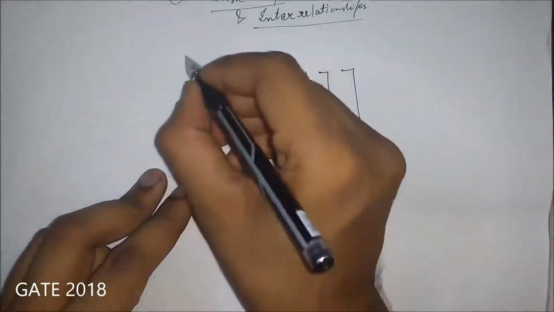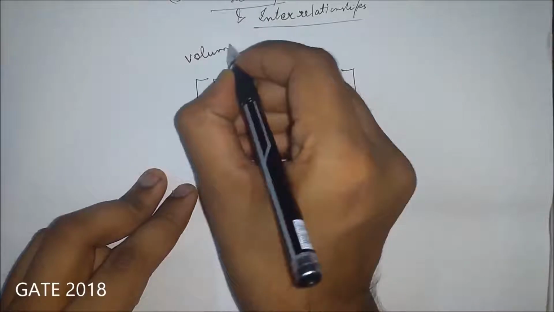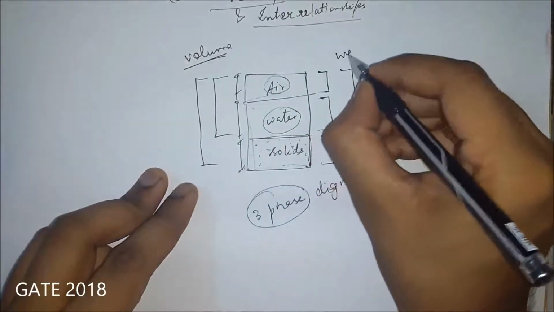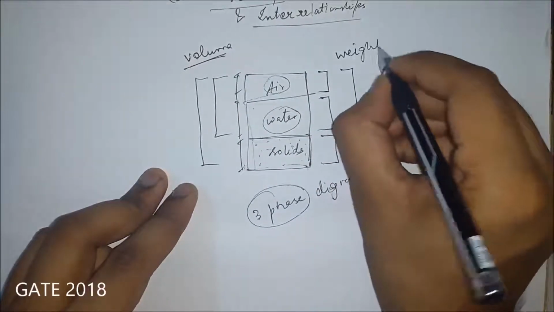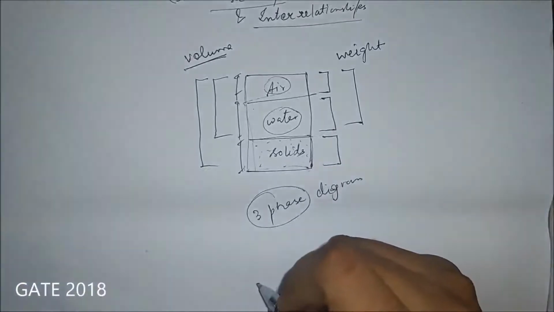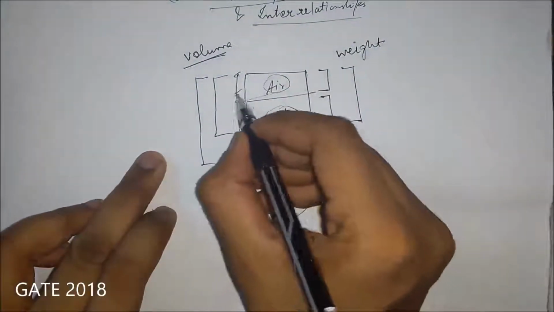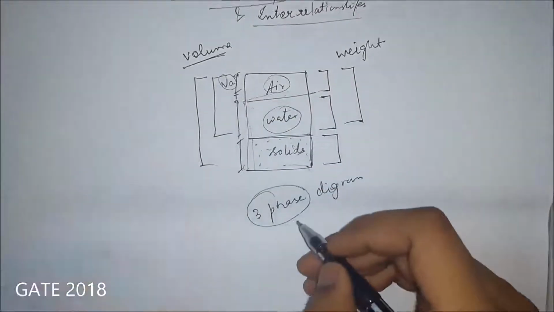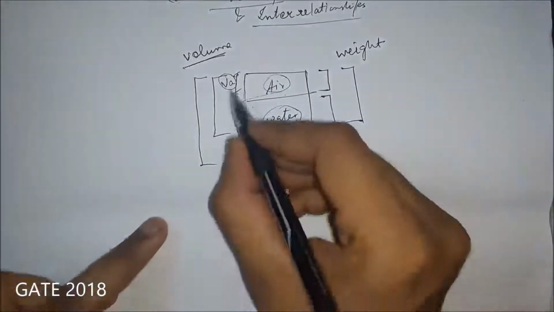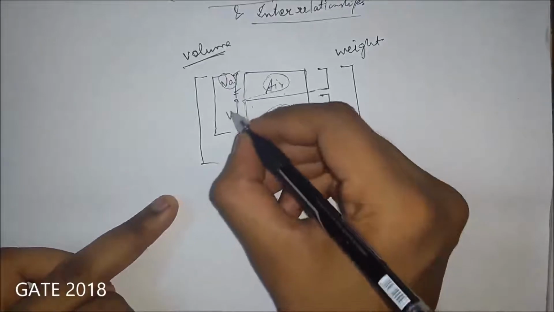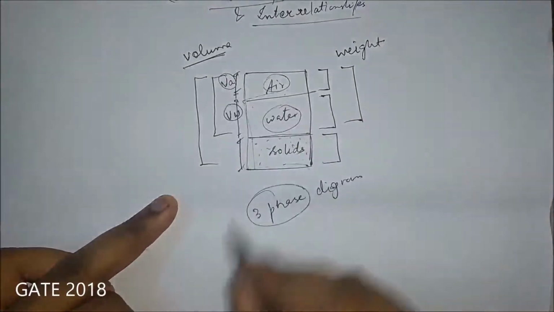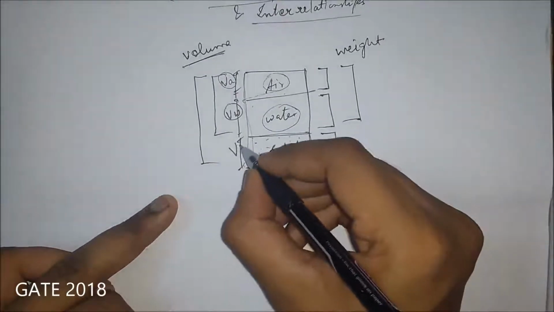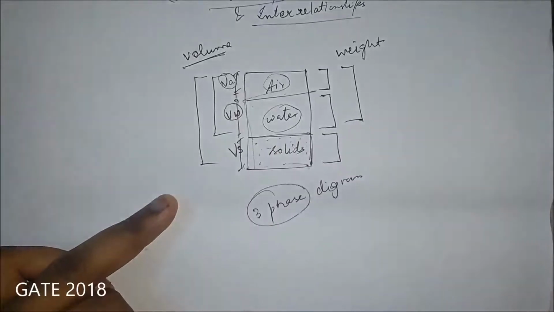Now I'll be writing volume on this side and weight on the other side. Okay, so this is air. Air volume is represented by VA, V suffix A. Similarly, V suffix W for water and V suffix S for solid.